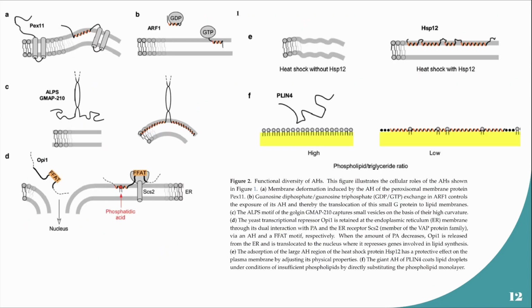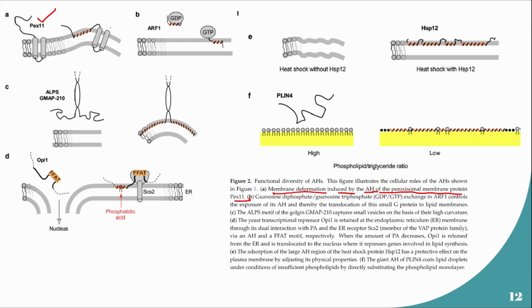We can quickly look at how this sort of pattern is important in the functional context. First of all, for example, PEX11, which we also talked about in an earlier slide. Here, a membrane deformation is induced by the amphipathic helix of the peroxisomal membrane protein PEX11.